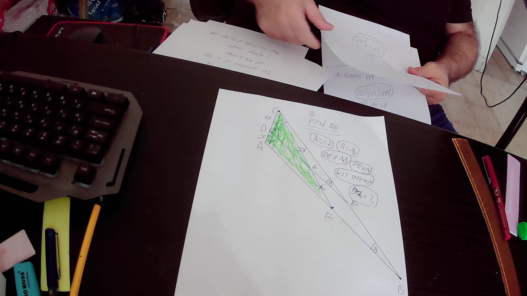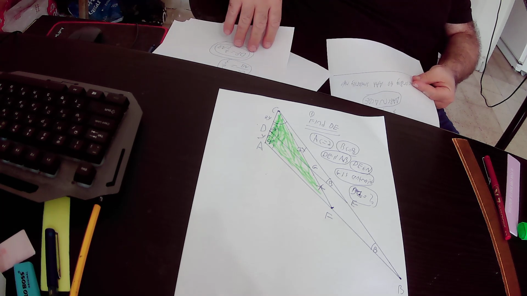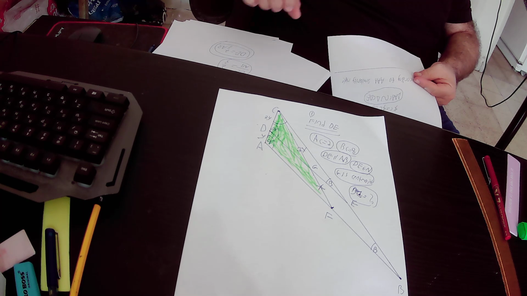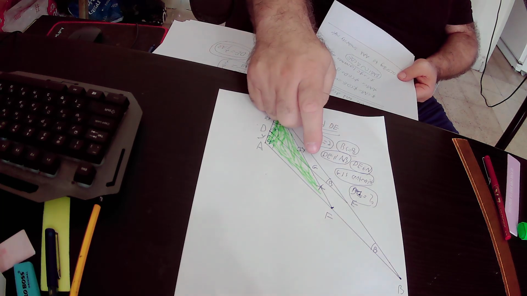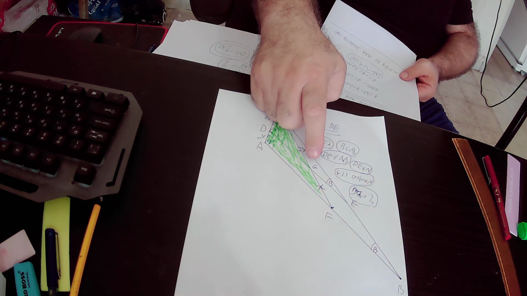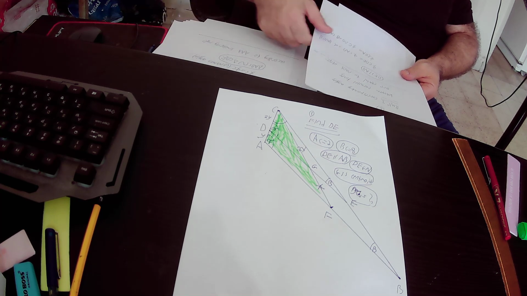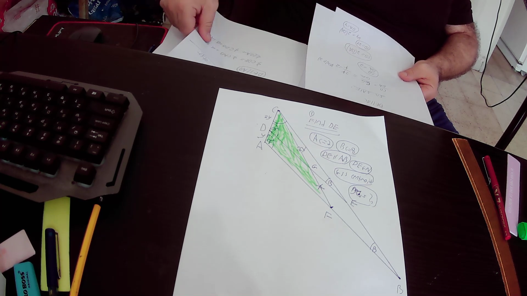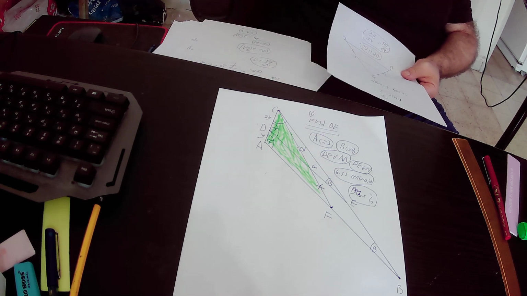And what is the centroid of a triangle? The centroid is a point where the three medians intersect each other. So at point G, the three medians of triangle ABC intersect each other. And we want to find out the size of DE.